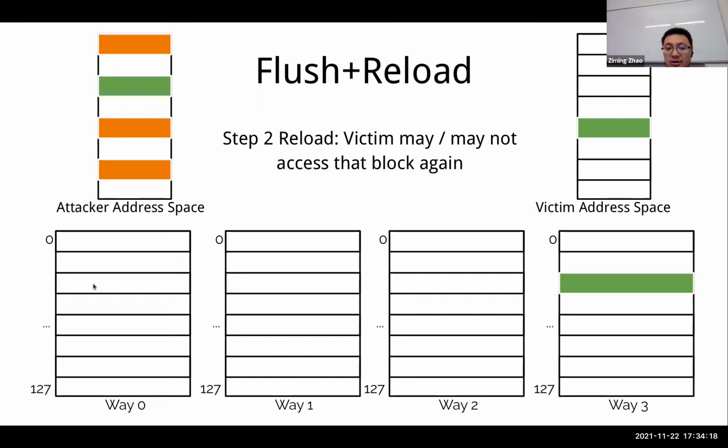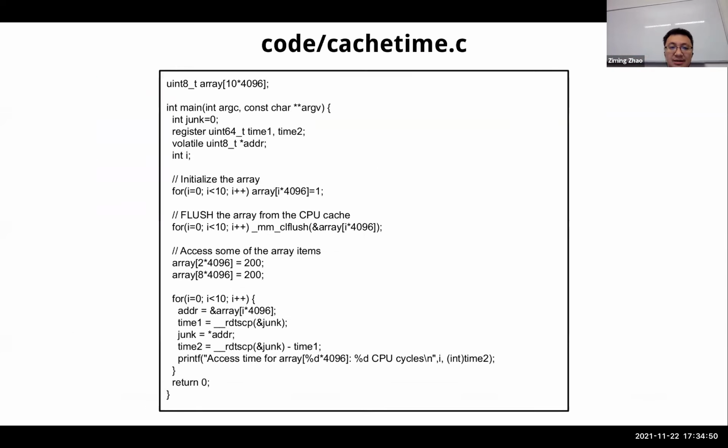Then in the third step, the attacker tries to access that block again and this time measures the time, so it can tell whether the victim actually accessed that memory. This one is more specific and accurate because we're talking about the size of one cache line, whereas the previous one could be bigger.